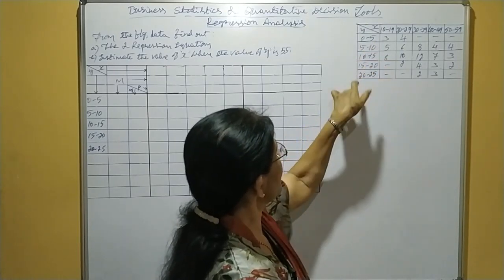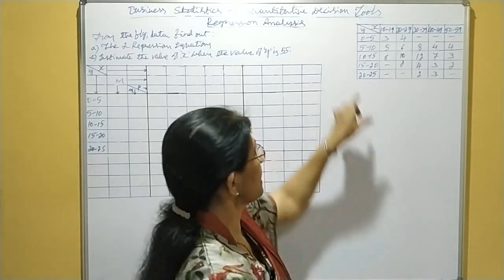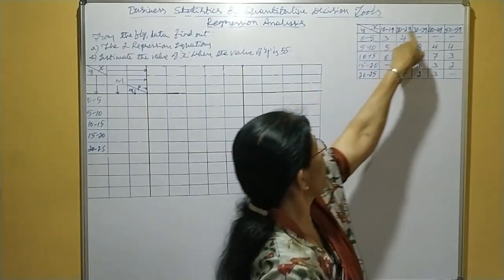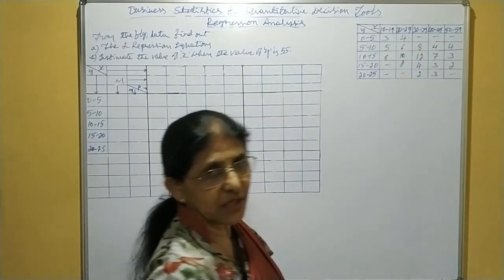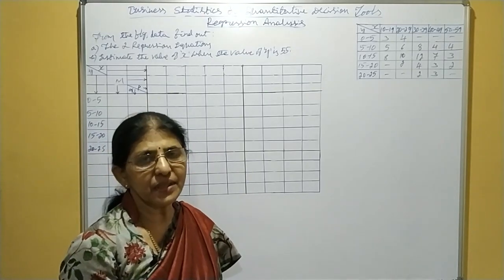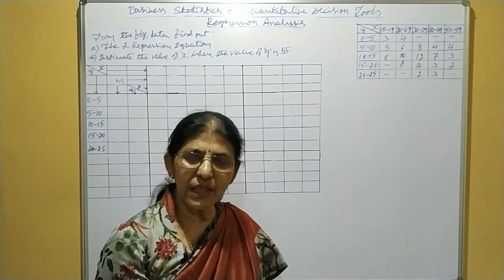The upper limit of any class is equal to the lower limit of the immediate next class. That means variable y is in the exclusive method, variable x is in the inclusive method. One of the principles of classification is that the exclusive method is preferred to the inclusive method.